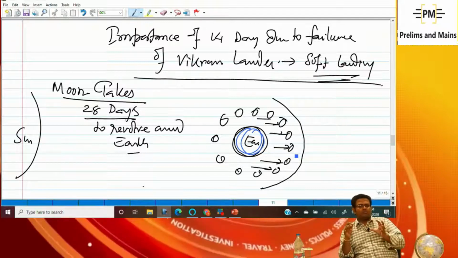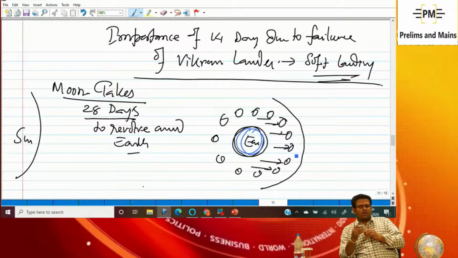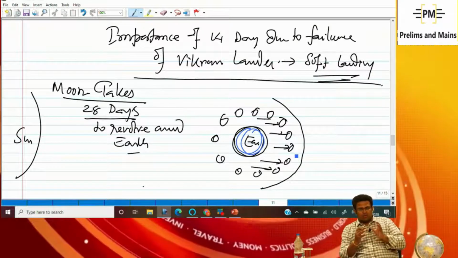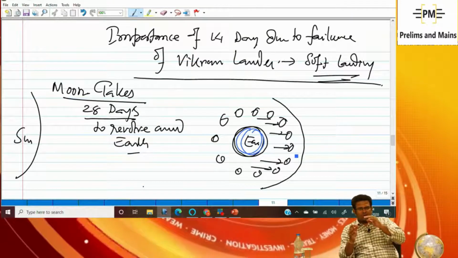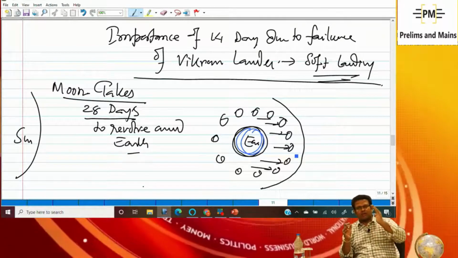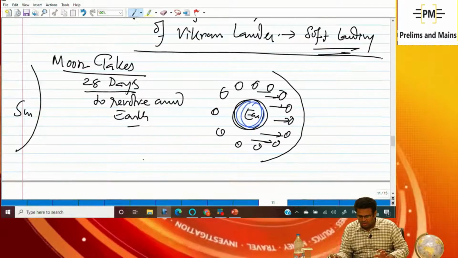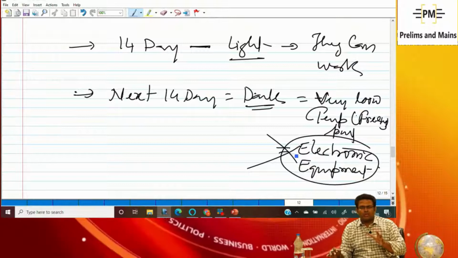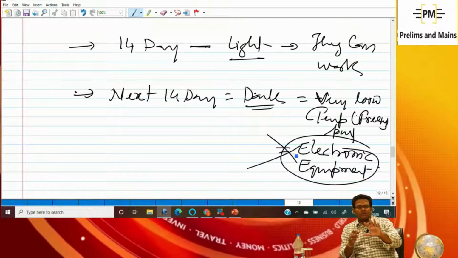It means on the moon one side will have 14 days of light and 14 days of dark. So when our Vikram lander fell, for 14 days our Indian ISRO kept on trying to contact the Vikram lander, but after 14 days it is useless, because any system I send, if I send a Vikram lander onto the moon, it will work for 14 days.